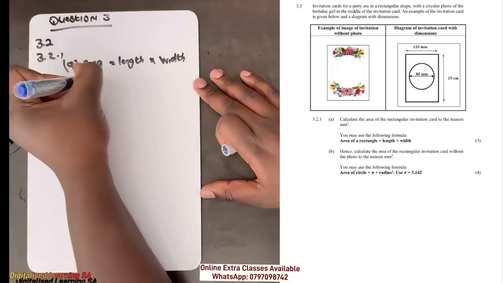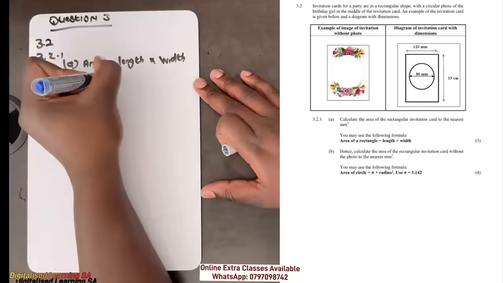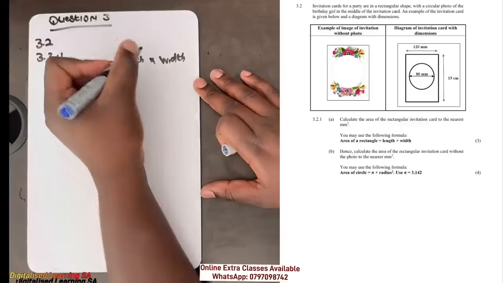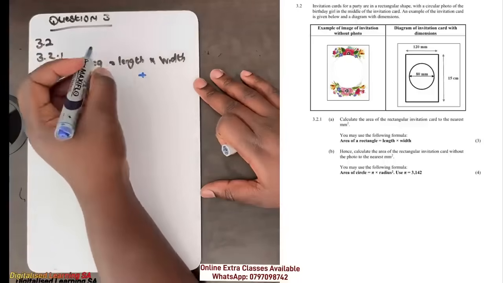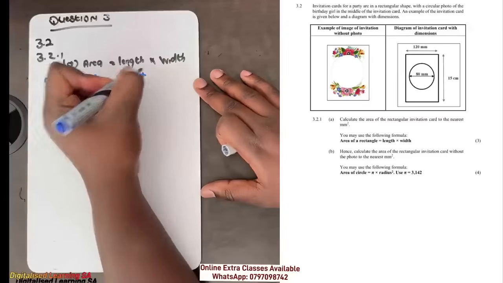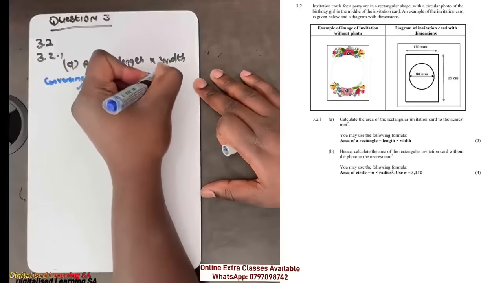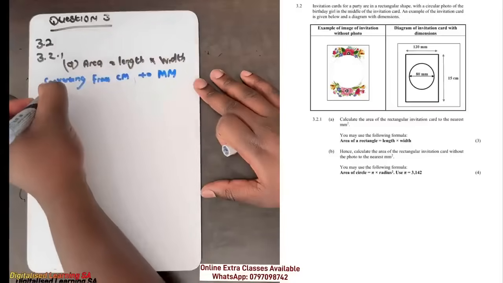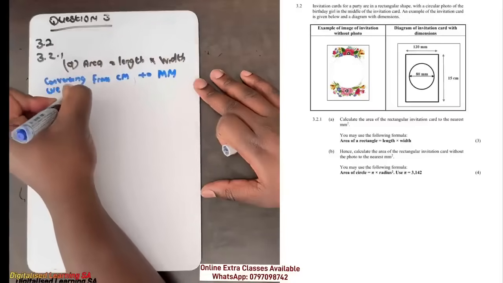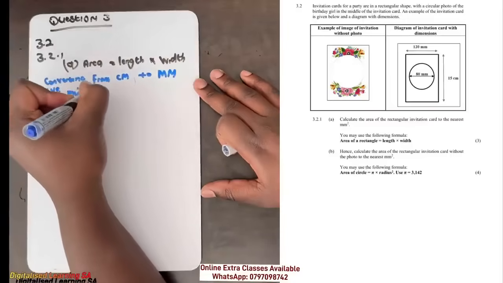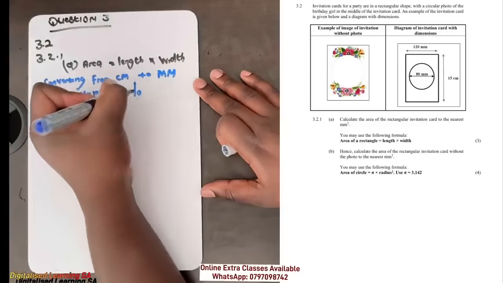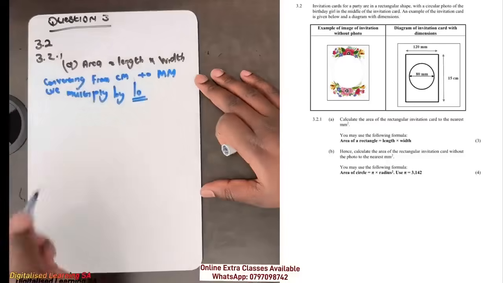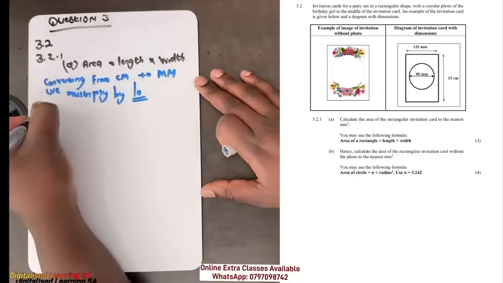Converting from centimeter to millimeter, we multiply by 10. So we need to convert it first.